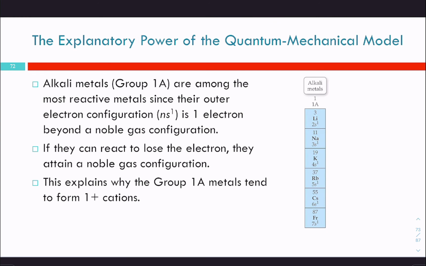If lithium loses one electron, the electron configuration for lithium is 1s2, 2s1, so it'll have the same electron configuration as helium. If sodium loses one electron, it'll have the same electron configuration as neon. Everything in that first column can lose one electron and be like a noble gas, and be extra stable, which is why they're the most reactive elements on the periodic table.